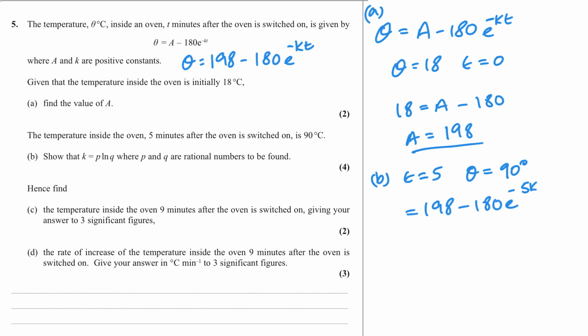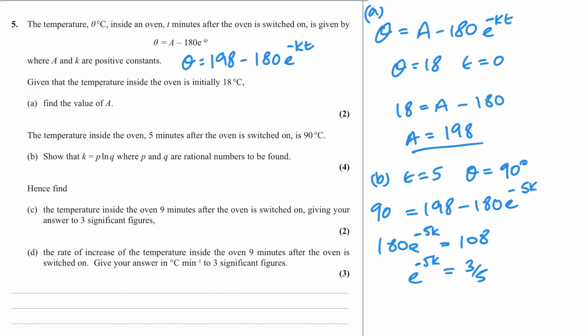And theta is 90 degrees. So let's pop that in. So rearranging, 180 e to the minus 5k is equal to 108. e to the minus 5k equals, now 108 divided by 180 is 3/5.